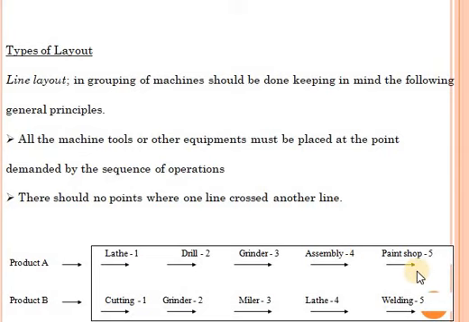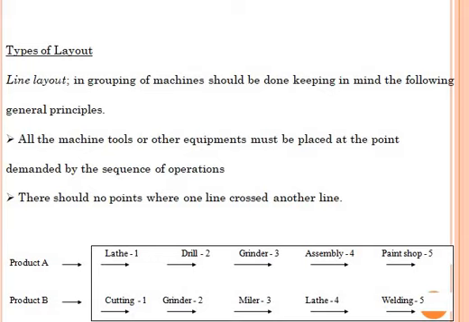So this is the sequence, as if I'm moving in a line. All the workstations are arranged in a line, in one sequence. Product B maybe begins with the cutting, then the grinding, then milling, then goes to the lathe machine. At the end it's welded. So this is the production line related to product B.